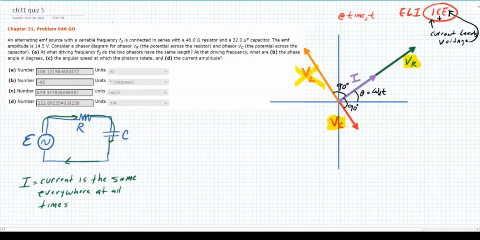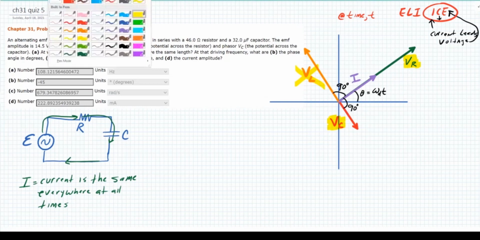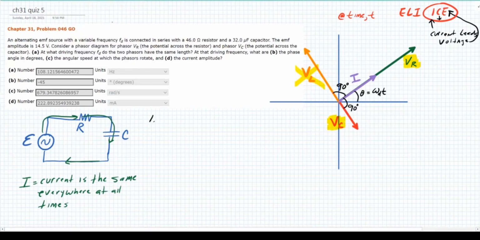At what driving frequency do these two phasors have the same length? Number one: at what driving frequency f_D does VR equal VC?